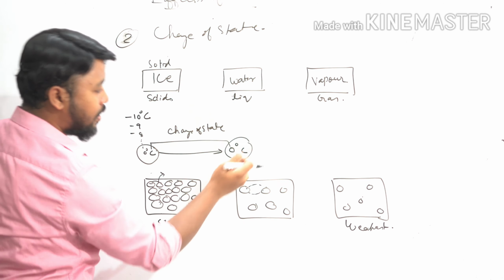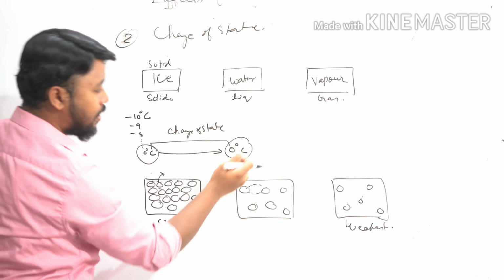Understood? Same way, now you heat this water. The water is now at 0 degree Celsius. If you are heating it, temperature will rise from 0 to 10 degrees, 20 degrees, and finally it will reach 100 degrees Celsius. Now 100 degrees Celsius is the boiling point of water. Again, if you provide heat, it will convert and form into gas. But the gas which is formed will also be at 100 degrees Celsius.